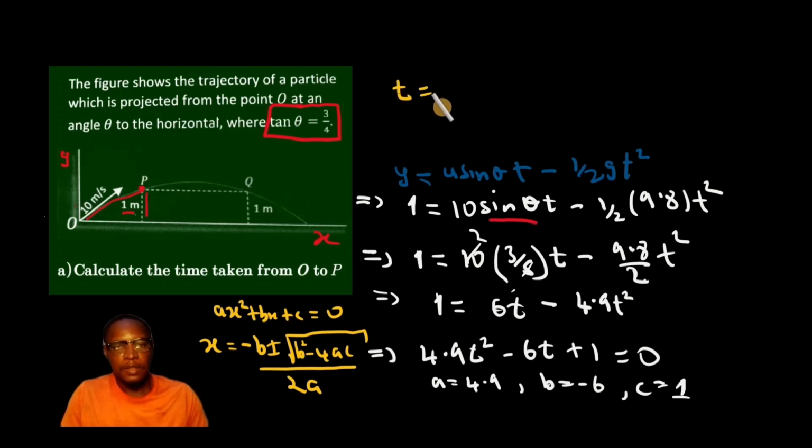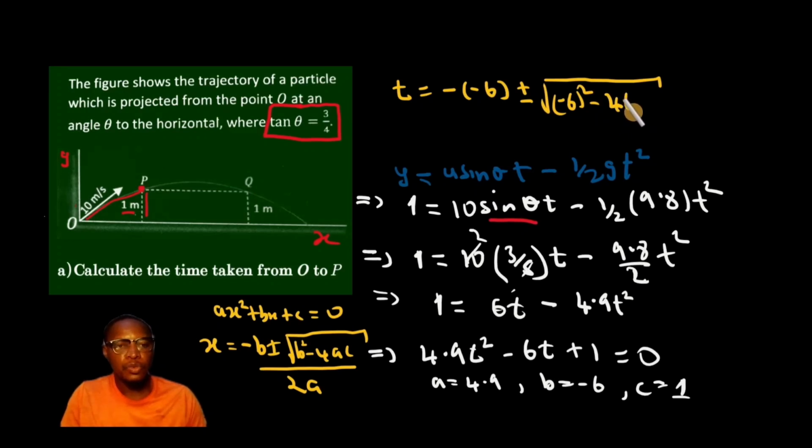That means t equals negative of negative 6 plus or minus the square root of negative 6 squared minus 4 into 4.9 times 1, all over 2 into a, which is 4.9.